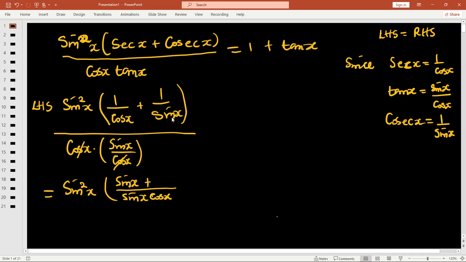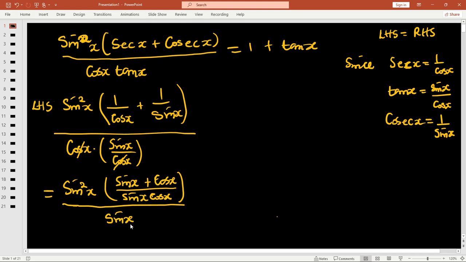Then plus sin x into cos x sin x will remain with cos x multiplied by 1. There we get cos x, like this here. Then below here, this is being divided by, since cos x and cos x they have cancelled, we're just left with sin x here, like this here.